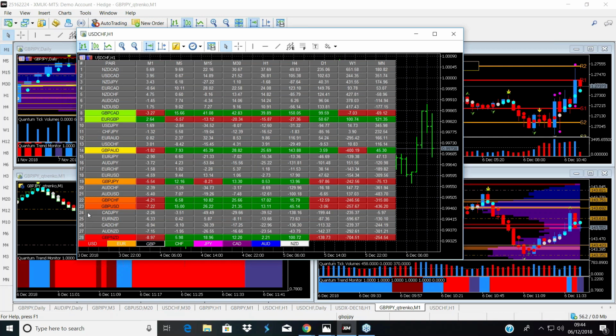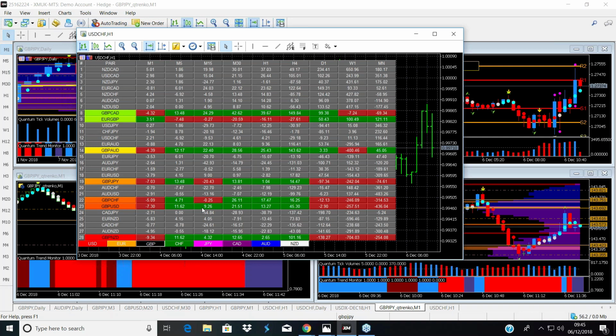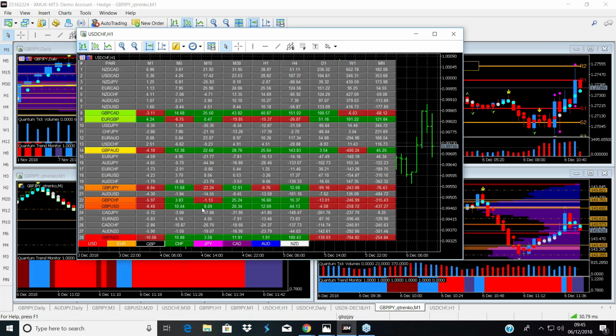And having something like a heat map where you can watch the pairs going up and down. And we have the currency array as well. We've got another indicator that we've developed where we try and capture the momentum of the moves and the currency array. So these indicators are not just there to highlight potential setups, trading opportunities.